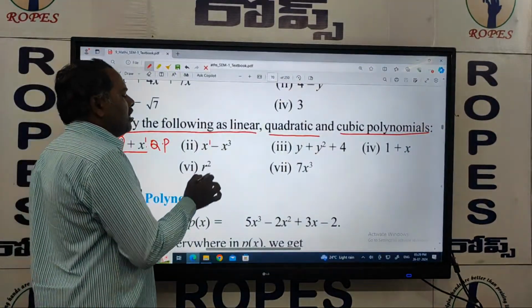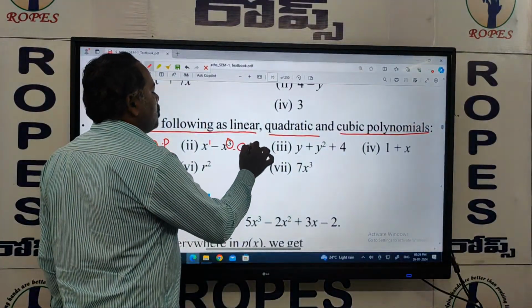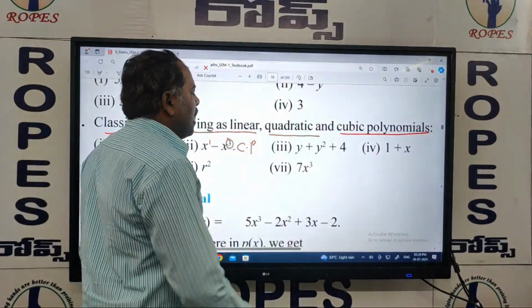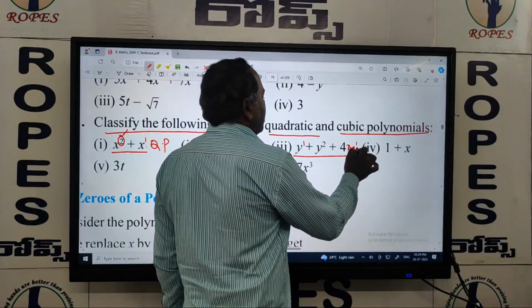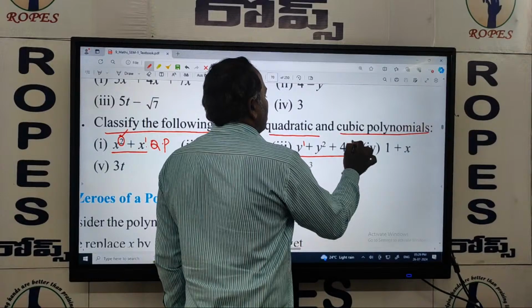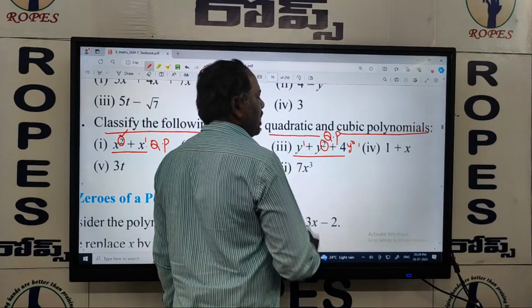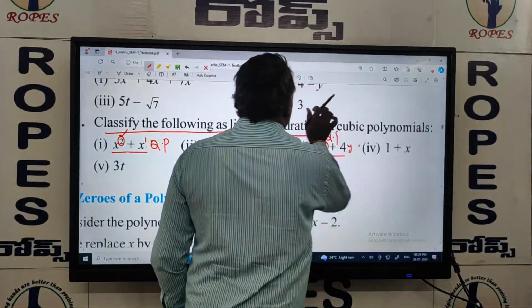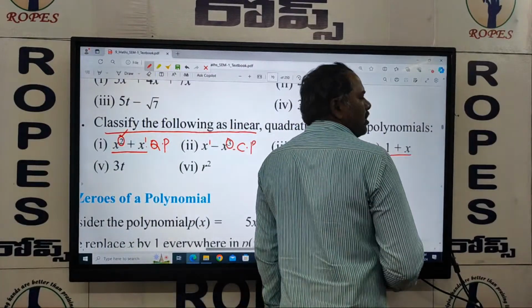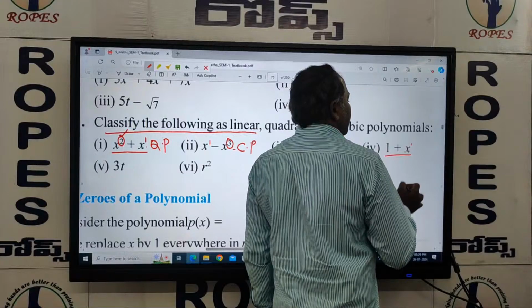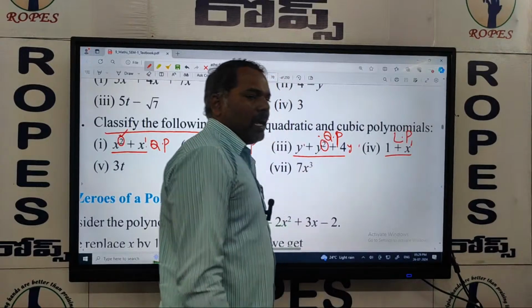And in the fourth one, the highest degree is 1, so it is a linear polynomial.